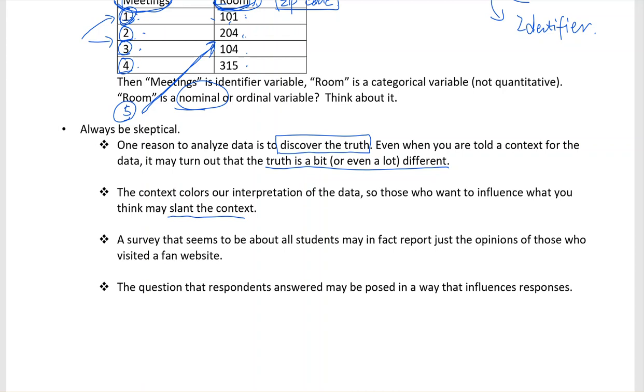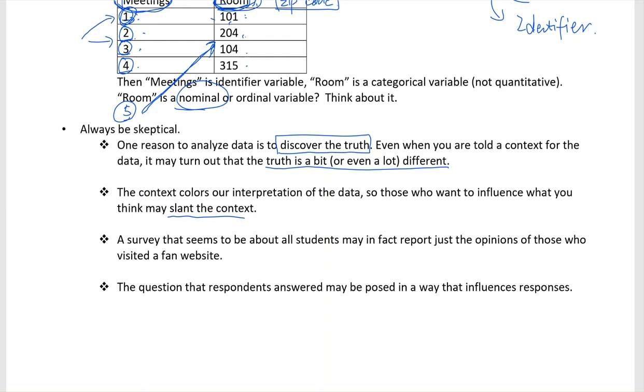Something like, if a survey is about blood pressure, and I have normal blood pressure, I don't have any problem with my blood pressure. I may not be interested in joining this kind of survey, right?